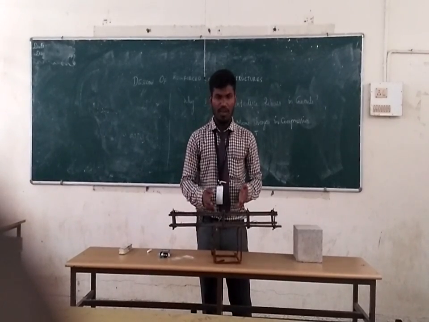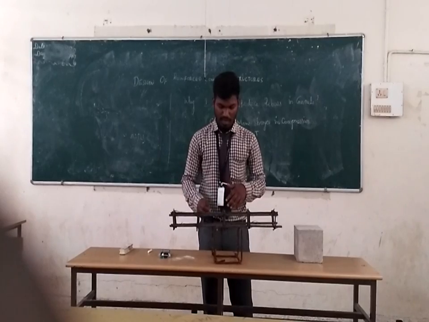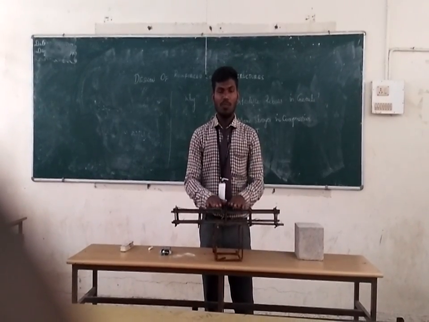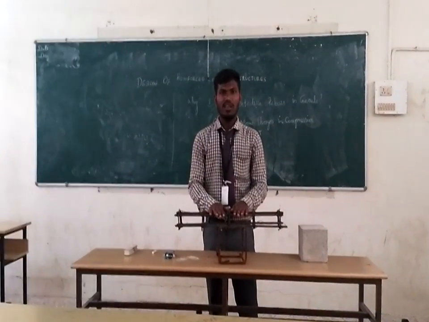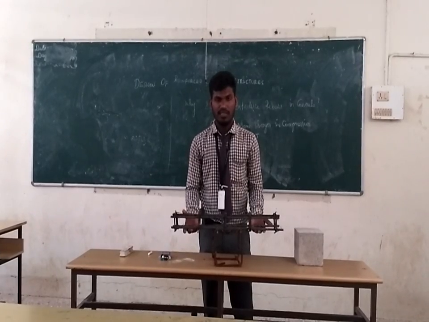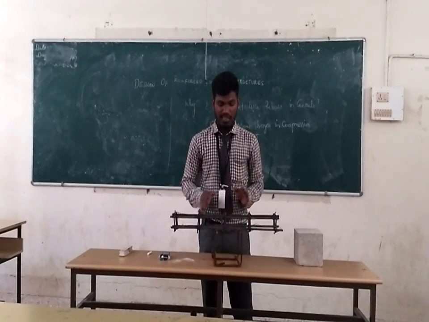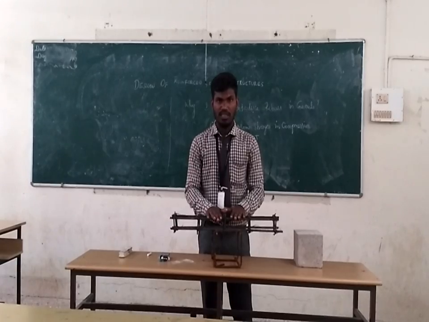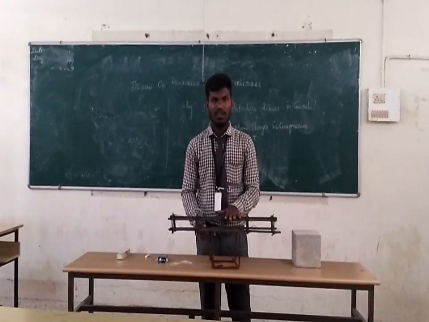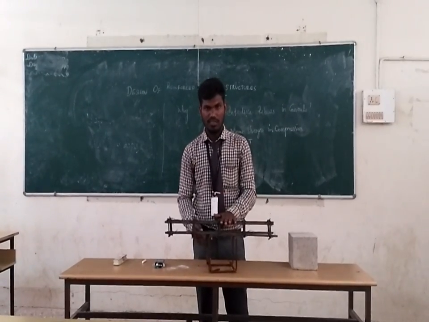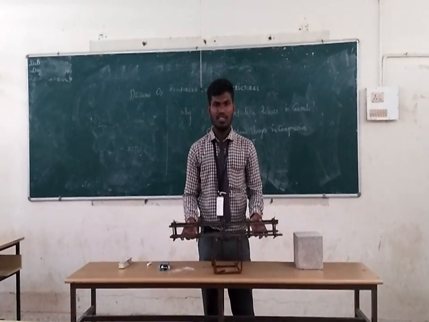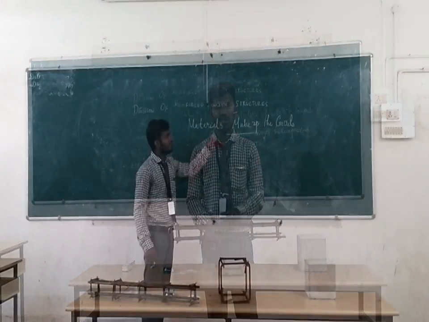So when a beam or any horizontal member in concrete structures is loaded, the top portion will be carried by the compression force and the bottom portion by the tensile force. As I said earlier, concrete is strong in compression, weak in tension. The tensile force has to be eradicated from the concrete. How do we do that? By introducing steel. That is why it is called reinforced cement concrete.